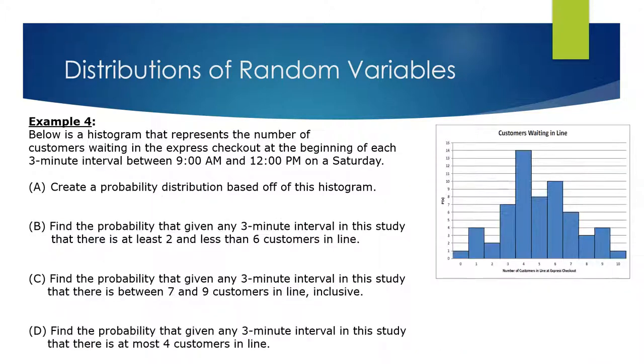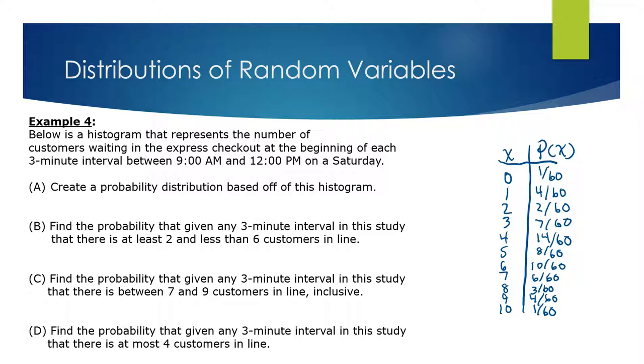So when I go back to the problem again, we took care of part A. I'm going to replace that histogram with this probability distribution. Now I can answer my questions more easily because I'm looking for probabilities. The first one says, find the probability that given any 3-minute interval in the study, there is at least 2 and less than 6 customers in line.